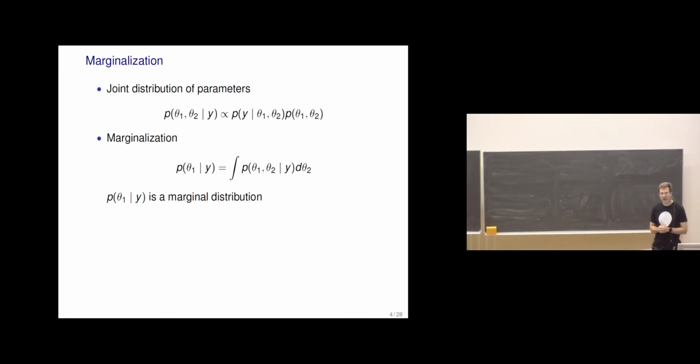But sometimes we are interested in looking at just some part of the model, some parameter. And then we can integrate over the uncertainty related to these other parameters. And then we call this the marginal distribution.